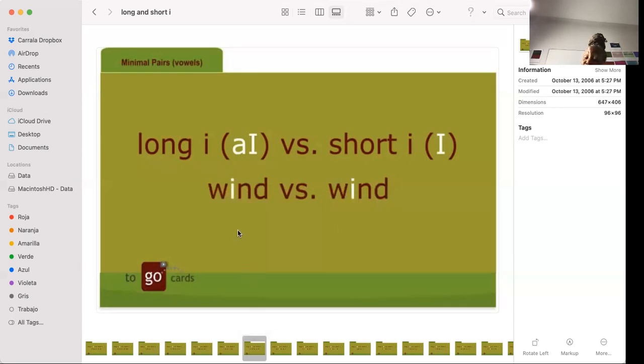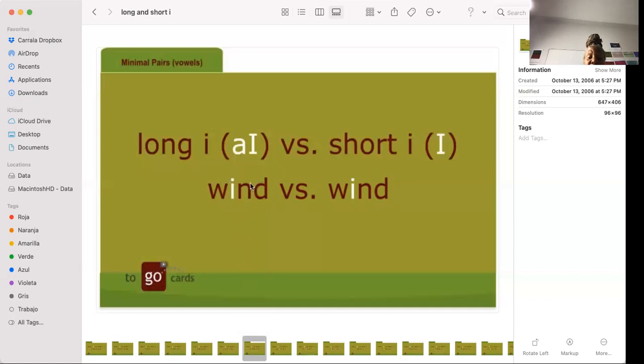Now, isn't this interesting? Two words that look exactly alike. This is a homograph. I love words like this, and I love explaining words like this. Although it looks the same in the normal alphabet, in the phonetic alphabet it doesn't look the same.